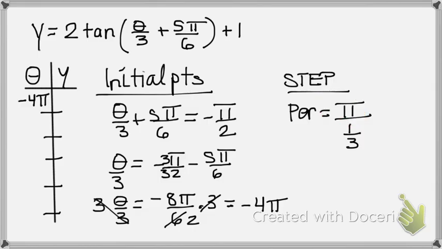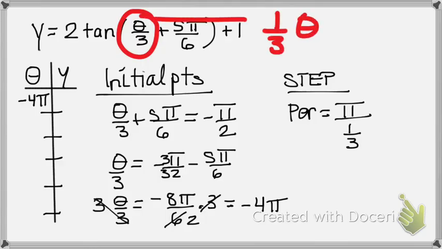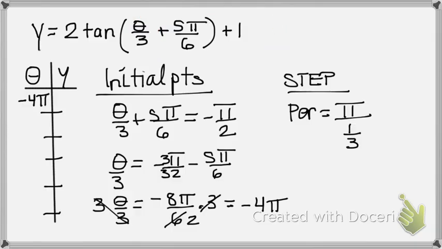But for tangent and cotangent, the period is pi over the leading coefficient. And if I have theta over 3, that's 1 over 3 theta. That's equivalent, right? So the leading coefficient is 1/3. And pi over 1 over 3, hopefully you're solid on that and you just know that's 3 pi. So that's our period.